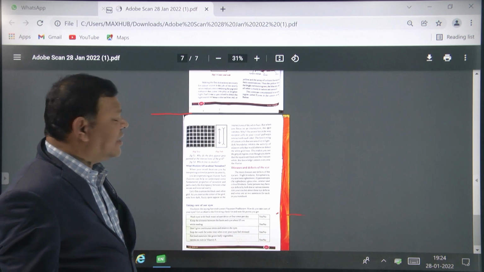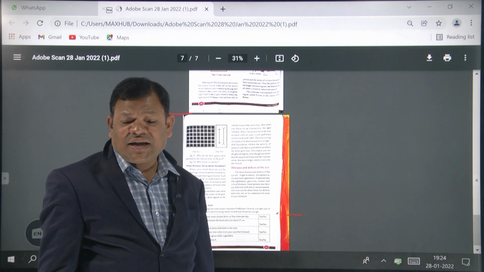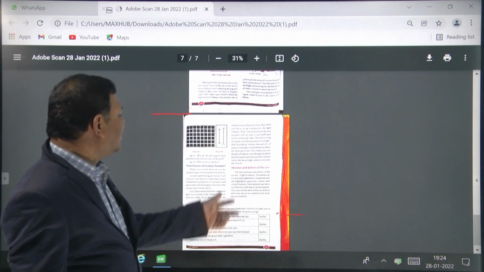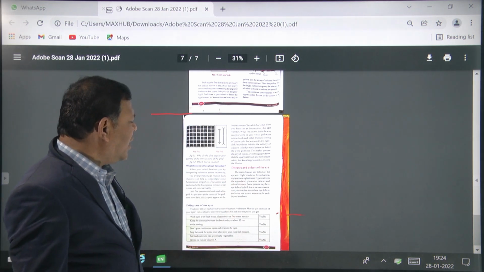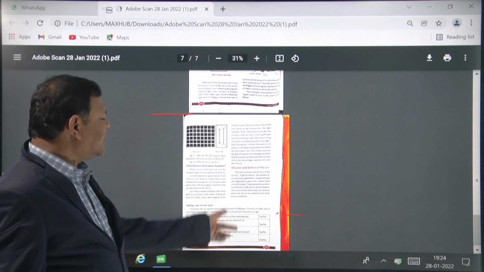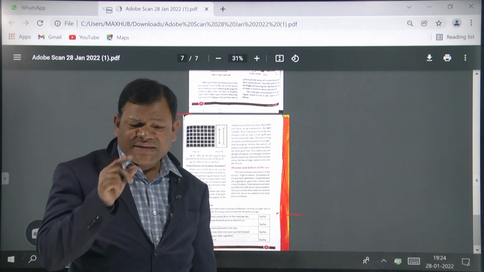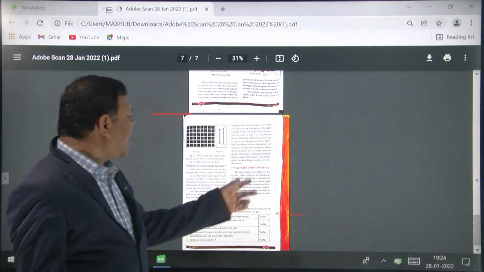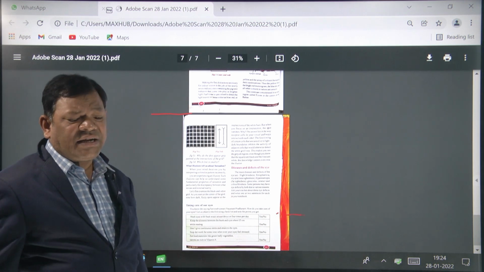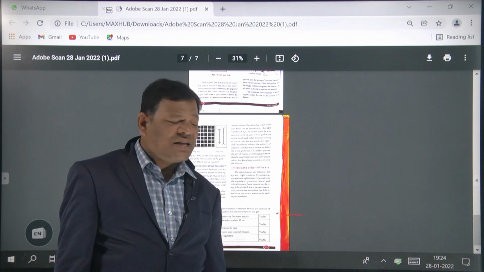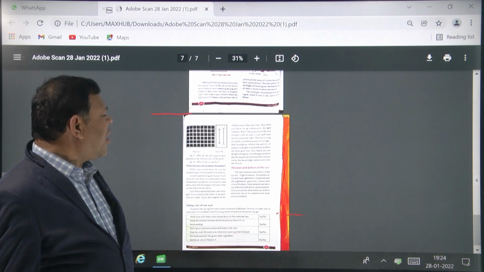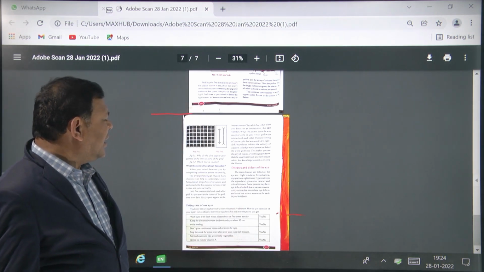So these are the diseases generally caused in the eyes. Myopia, near sightedness, means we cannot see near. Hypermetropia, far sightedness, means we cannot see long distances. And glaucoma, cataract, night blindness.